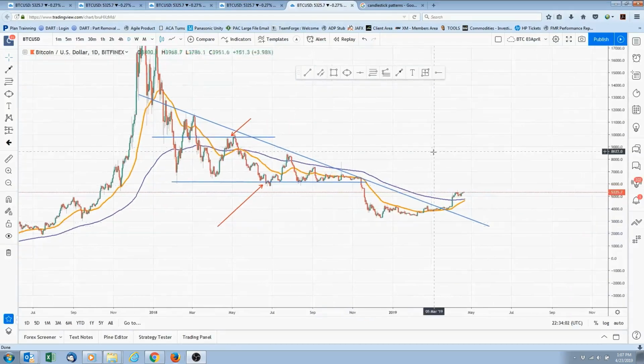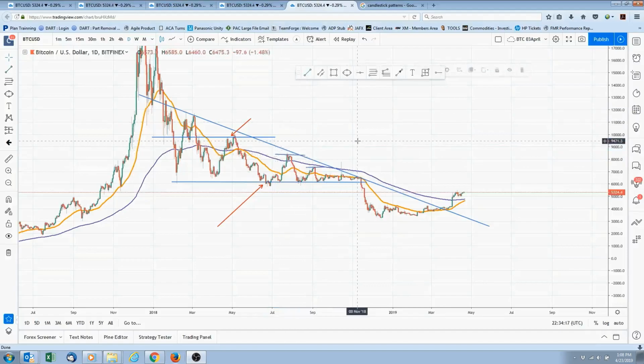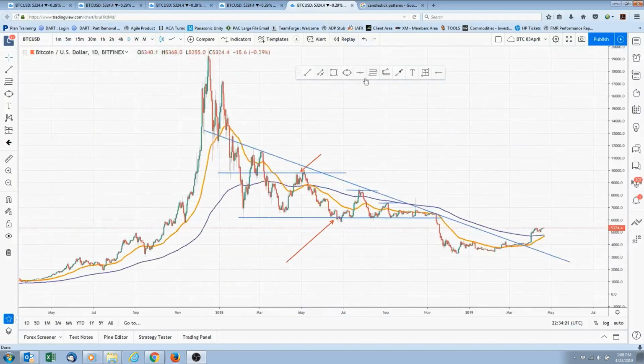Let's continue. And you can see a little bit of resistance right there, right here as well.